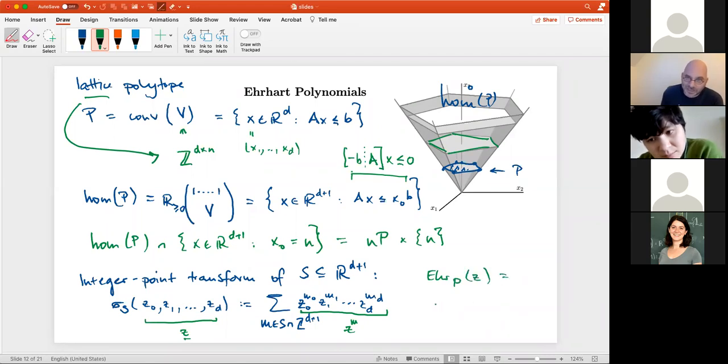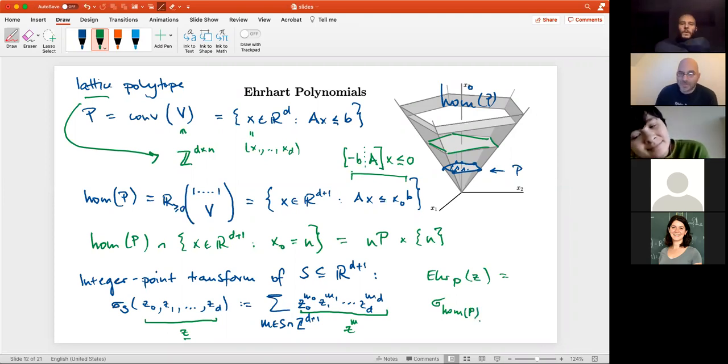So let me write down first where you can find the Ehrhart series, and then try to convince you that this is correct. So what I'm just going to do is take the Hom of P, take the integer point transform, and now specialize at a single variable z, comma 1, 1, 1, 1, 1.